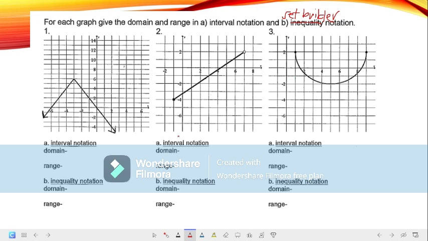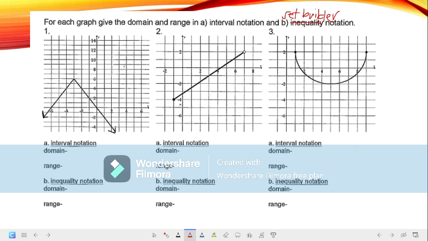And if you cannot express the domain and range in set builder notation or interval notation, you will just simply use the set notation, wherein you're just going to mention the specific values of your range or domain. So this is our number 1.